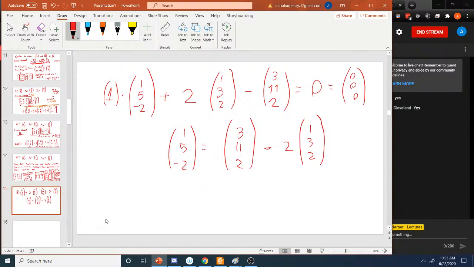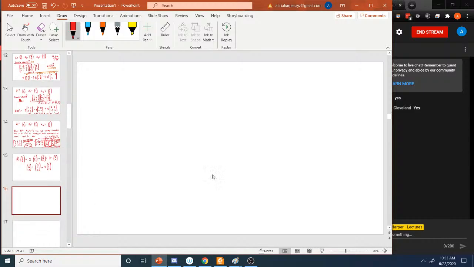So I want to give another example, one that's really interesting and comes up in a lot of situations. But to do that, I have to define a vector space for you guys that I haven't exactly defined yet.